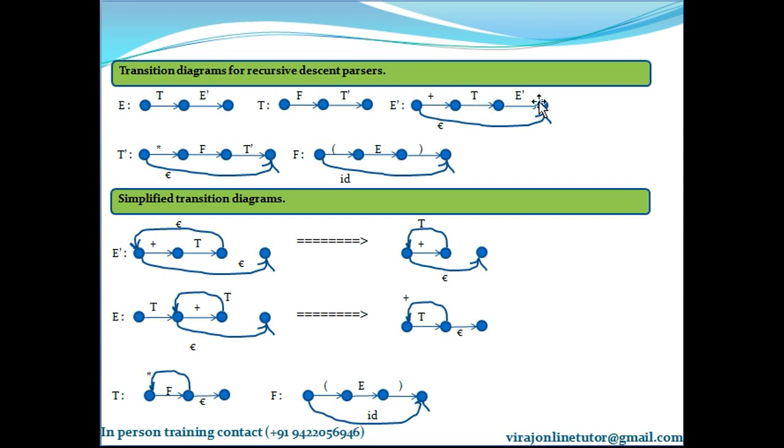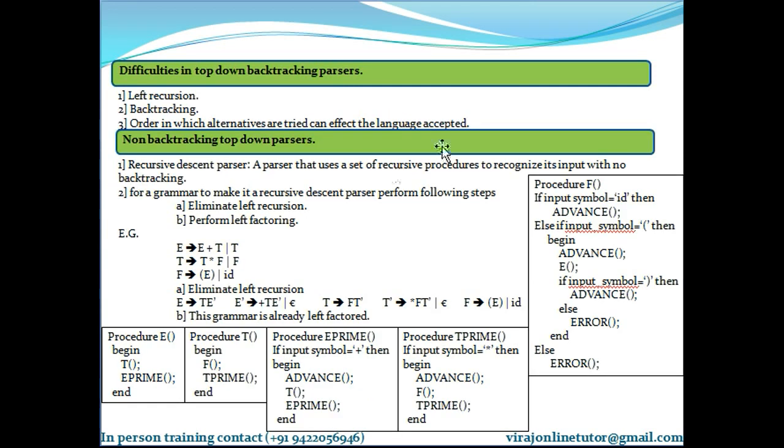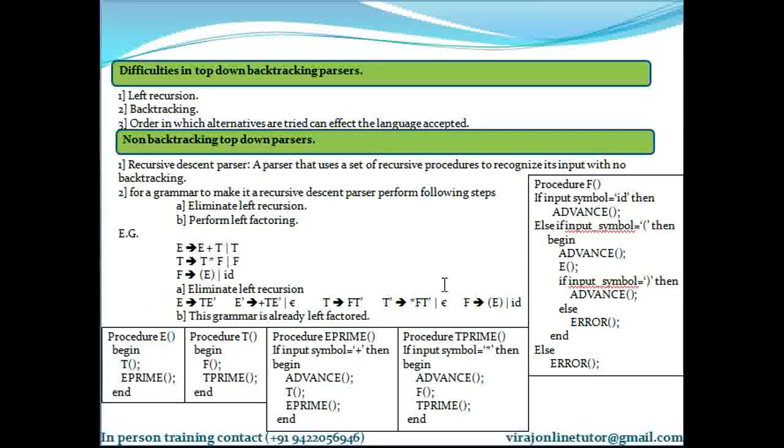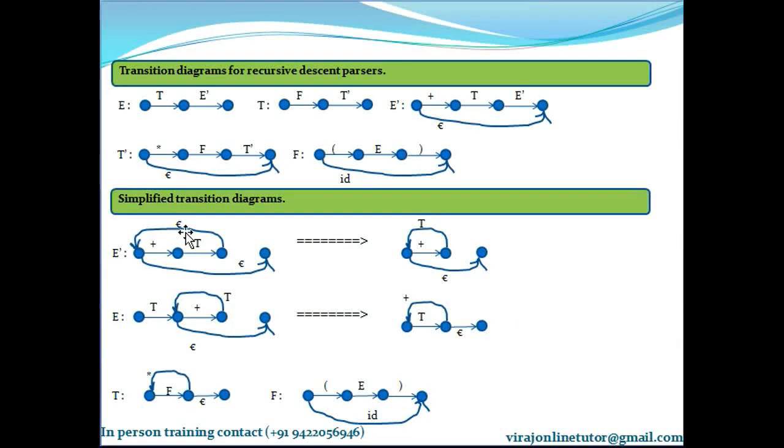E dash gives plus T E dash or epsilon. Only two are remaining. T dash gives asterisk F T dash or epsilon. Finally, F gives open bracket E close bracket or ID.